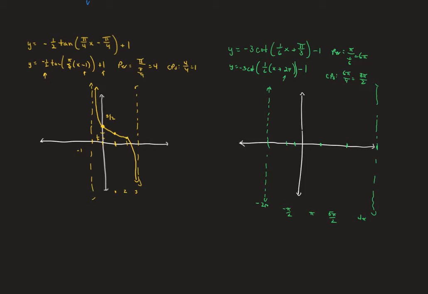So this is going to start in the middle, which is going to be at our pi, and our middle is going to be a negative 1. So there's negative 1, and there's negative pi. If we go one tick mark to the left, that's going to be negative pi over 2. Normally we would go up for a cotangent, but this is going to be reflected, so I'm going to go down 3. 1, 2, 3. That's going to be at negative 4.